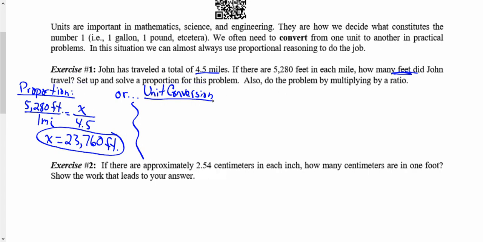Okay, so let's try unit conversion. So, 4.5 miles. And I'm going to multiply that by some ratio. And what is it I want to have left when I get done? Left and on top, right? And what do I want to go away?